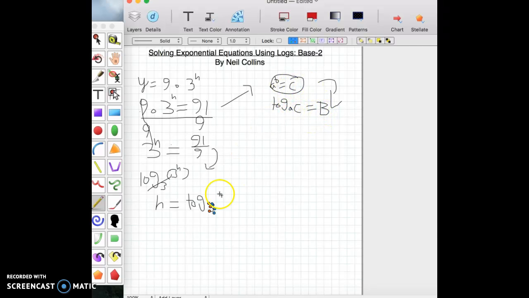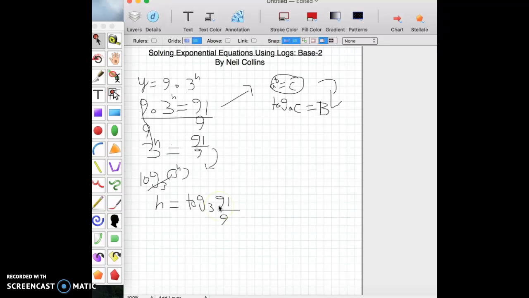What is our c? 91 over 9, right? So we're going to put our c right here, 91 over 9, just like that. That's perfect.